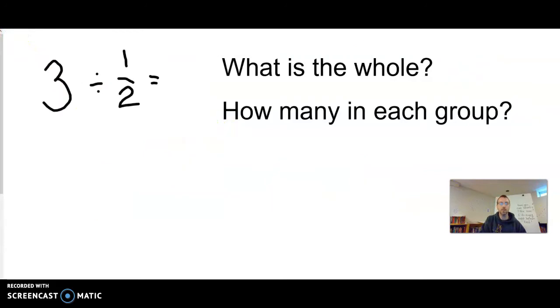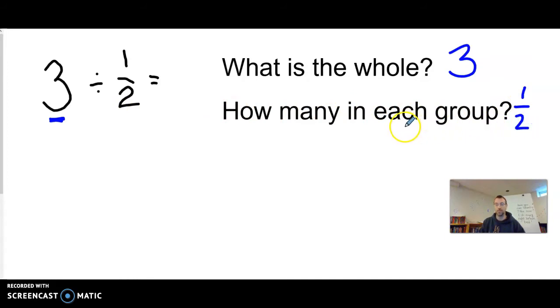We're going to start off here, very same concept. What is the whole? The very whole that we're working on is always going to be your very first one here. We're looking at 3 wholes. And how many do you want to put in each group? Well, I want to put half of those. Whoa.